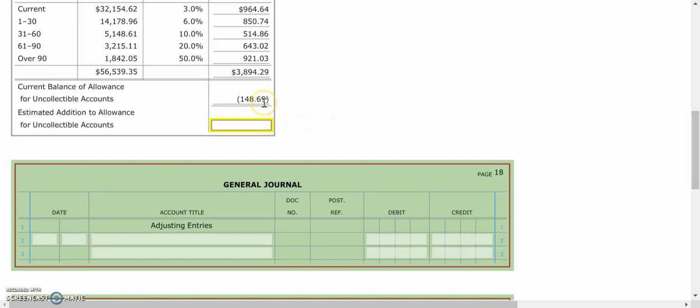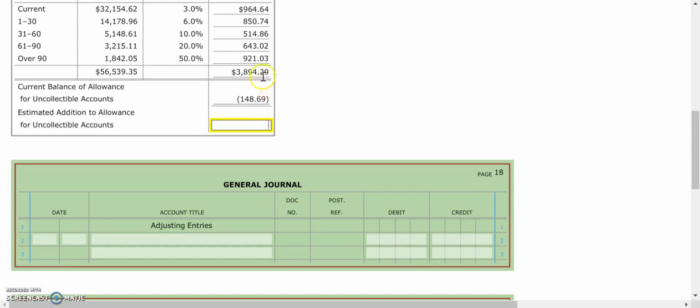So technically, if you imagine that you had a T account right here, I don't have a T account, but imagine that you had $3,894.29 and you have a debit of $148.69. Technically, we need to add those two numbers together in order to get our account balance. Because if you had a credit and a credit, you would take the difference between those, which would be subtracting.